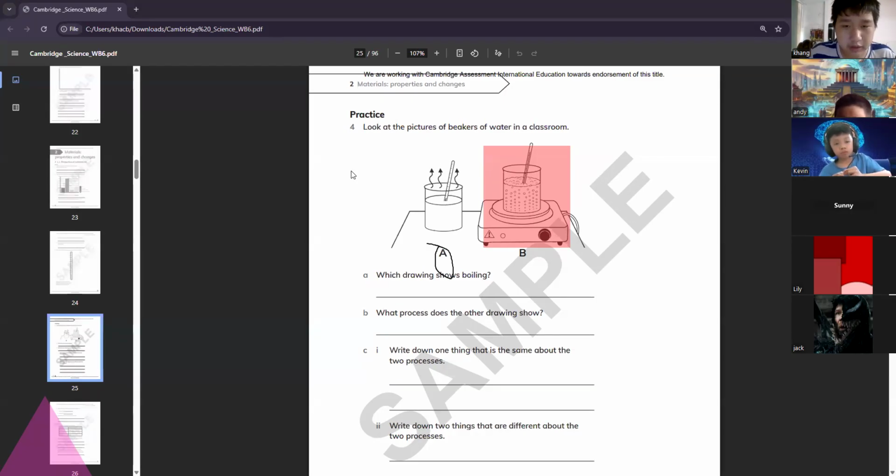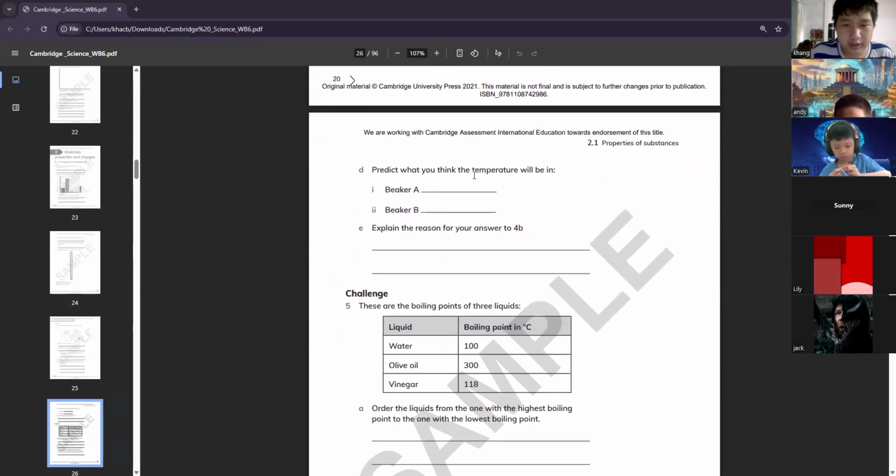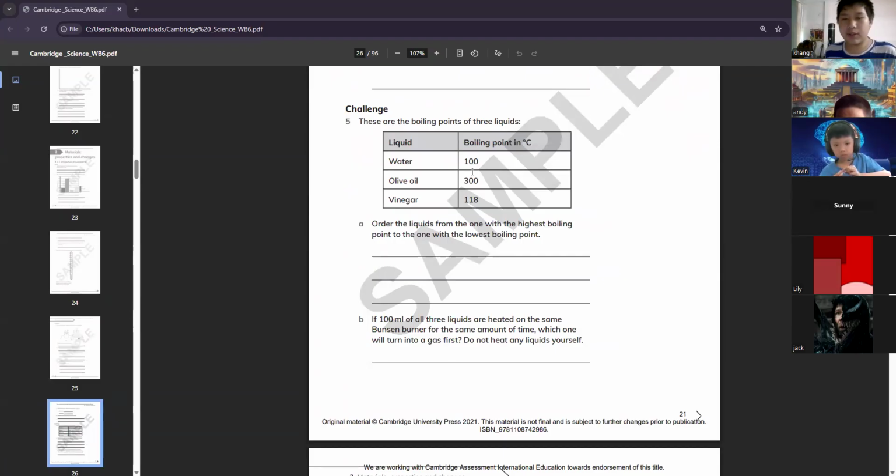All right. So, these are the boiling points of three liquids. Can everybody order the liquids from the one with the highest boiling point to the one with the lowest? Everybody try to order this. This is very easy and simple.